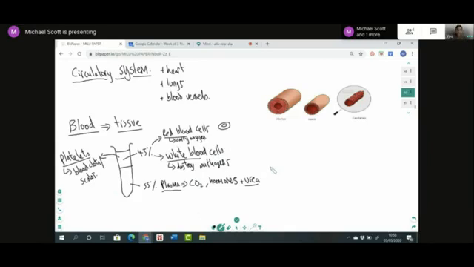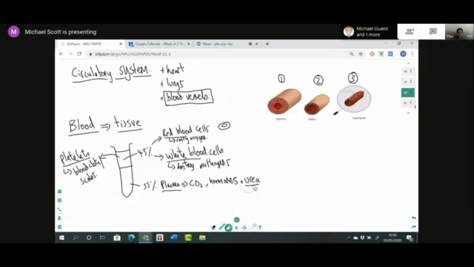But what we're going to do now, guys, is take a look at the blood vessels. Remember, it's the blood vessels that are responsible for carrying the blood around the body. There are three main vessels, and I'm going to number them 1, 2, and 3.